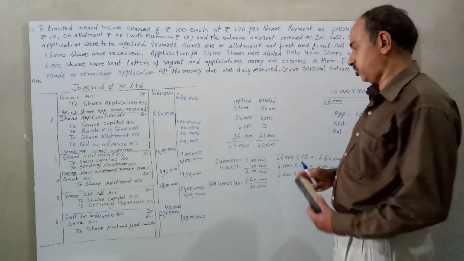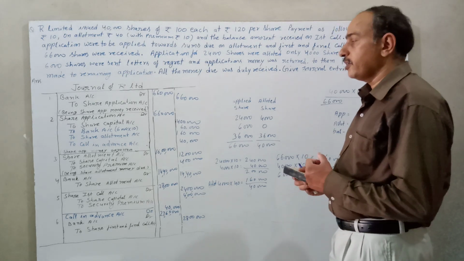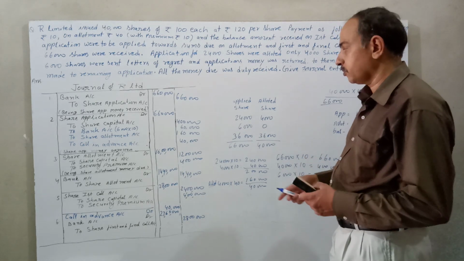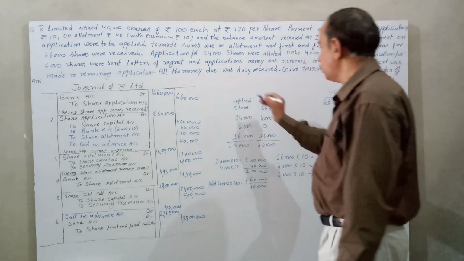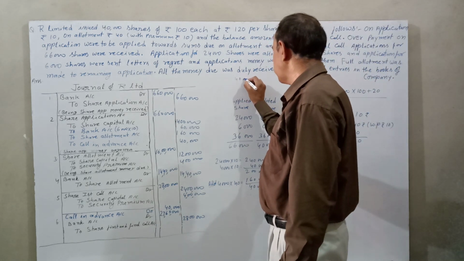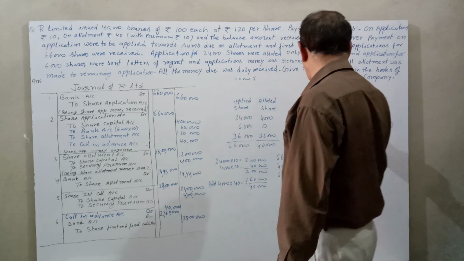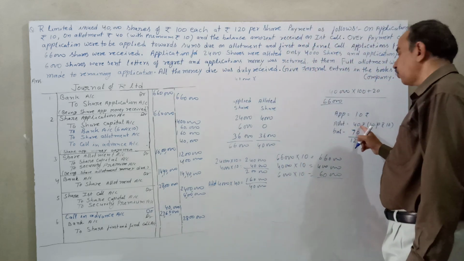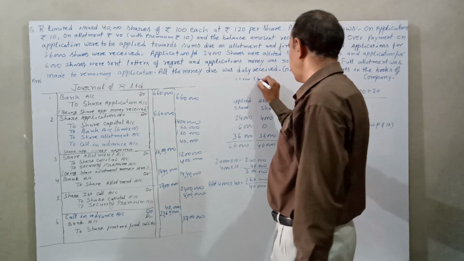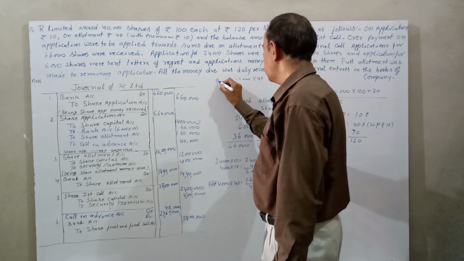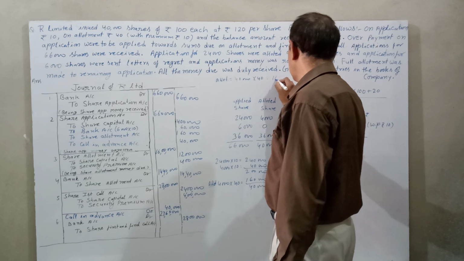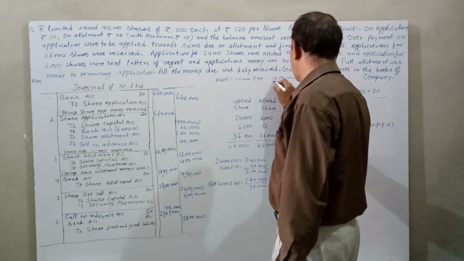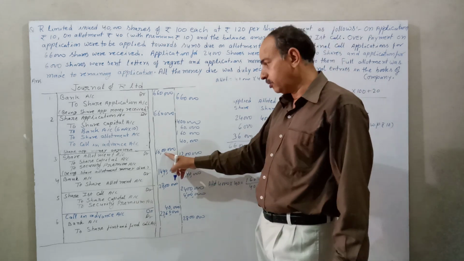How many amount of share capital? Look here. How many shares were issued by the company? 40,000 shares were issued by the company, and the total amount of allotment is rupees 10. The amount of 16 lakh is called by the company from the shareholders.